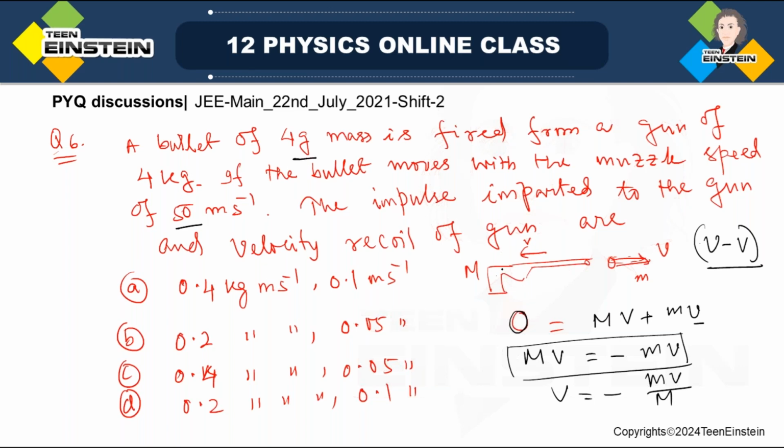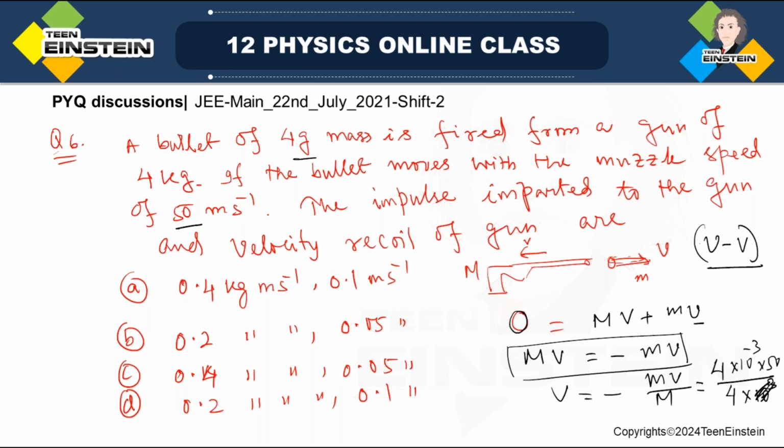Small m is 4 gram, so 4 into 10 to the power minus 3 into 50 meter per second, divided by capital M, which is 4 kg.